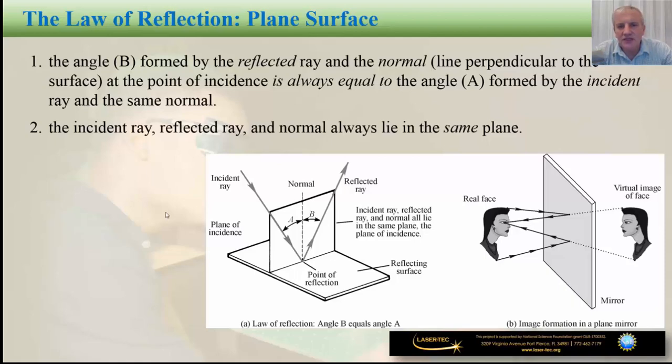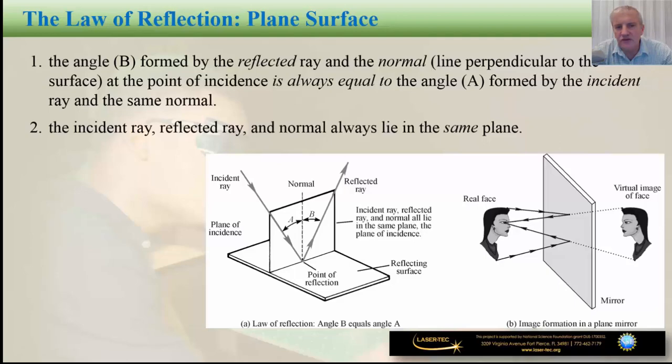So what do we mean by the incident angle and what do we mean by the reflected angle? If you focus your attention on the picture on the left-hand side, what we have here at the bottom, in a horizontal plane, is a reflecting surface, and then we have an incident light ray. That's the originating light. The incident light is moving along this direction, and this point here is hitting the reflecting surface.